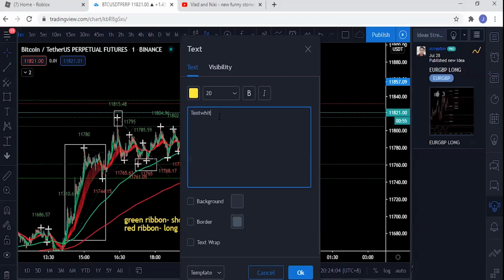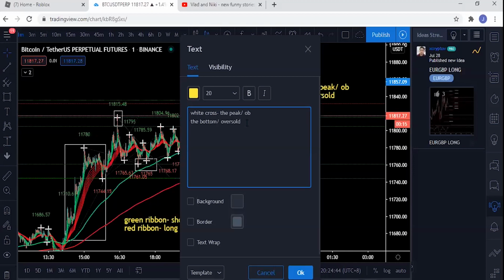The white cross is the peak of our overbought area, the peak of our OB. And the white cross at the bottom is the bottom price of our OS or oversold area.